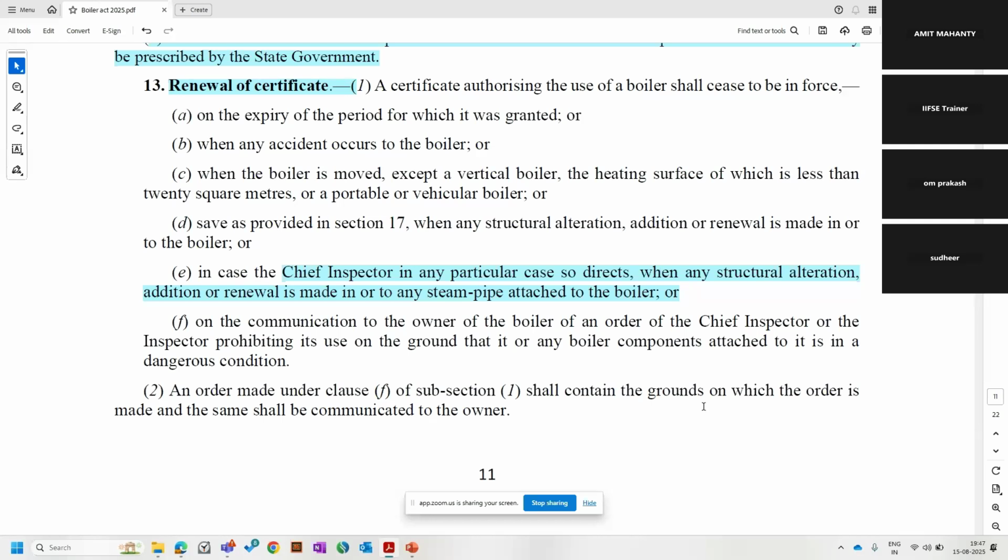Okay, and sixth case, in the case the inspector feels that the operation of the boiler is unsafe to operate.